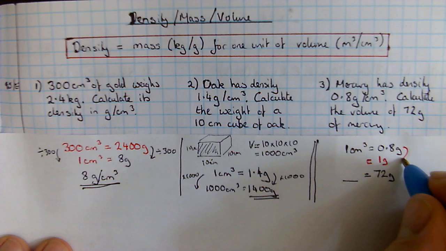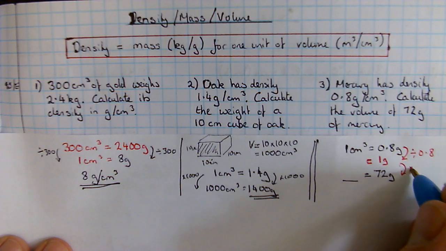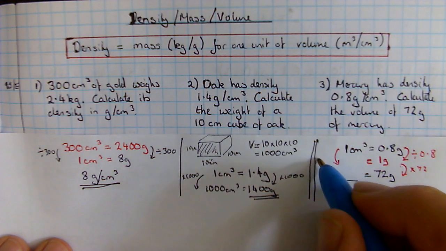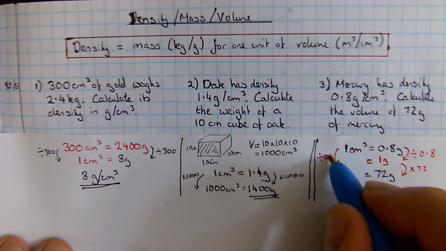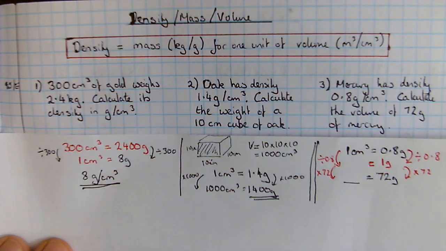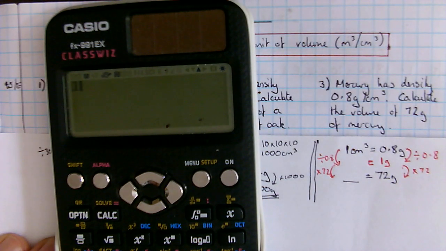0.8 divided by 0.8 is 1, and then times by 72. So I'm going to have to do the same on this side. 1 divided by 0.8 and times by 72. Let's just do that on our calculators. 1 divided by 0.8 times 72.